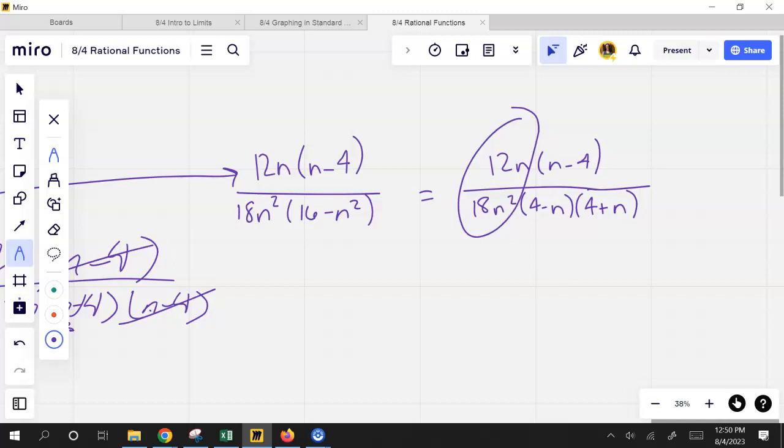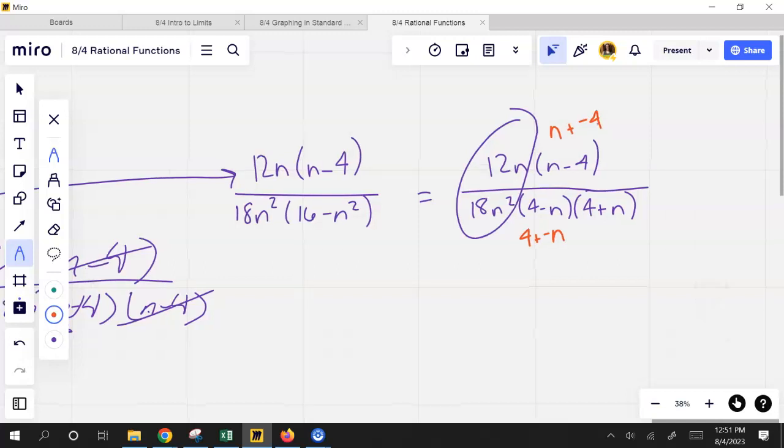Because these aren't exactly the same, right now you cannot cancel them. This is saying n plus negative 4. This is saying 4 plus negative n. That's not the same thing. Here the 4 is negative. They're opposite signs completely. Okay? But do recognize that they're really, really close, right?